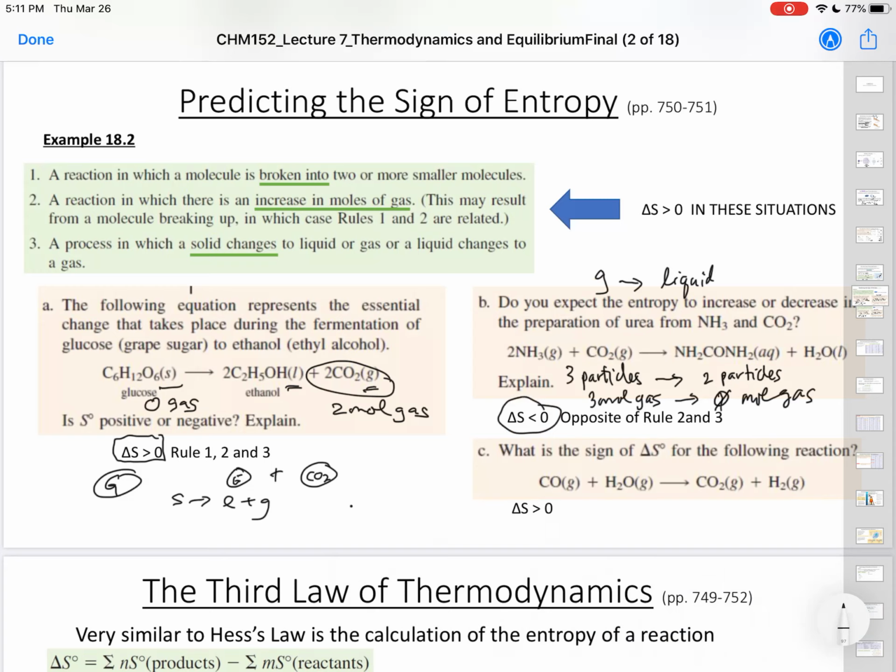Rule number 2, you have 2 moles of gas and 2 moles of gas, so all the same. Rule number 3, you have a gas becoming gas. So in this particular case, everything is at equilibrium, so delta S is equal to 0, because all 3 rules, none of them apply.